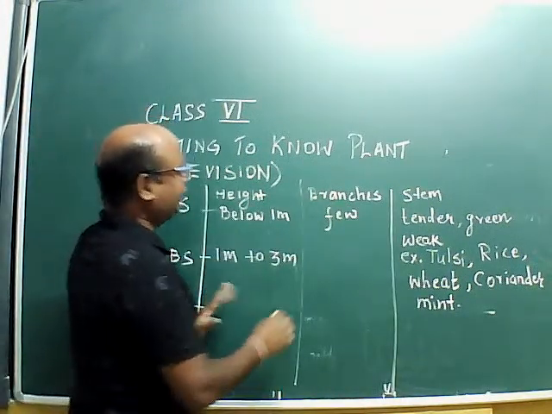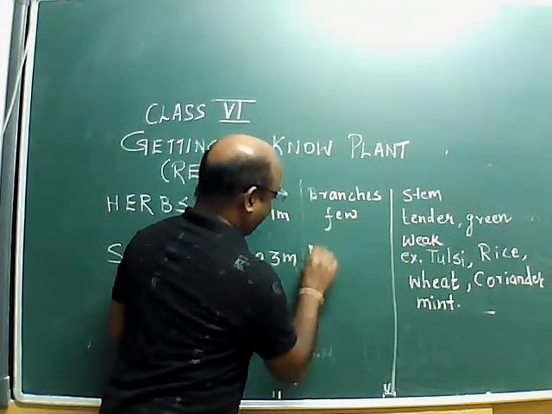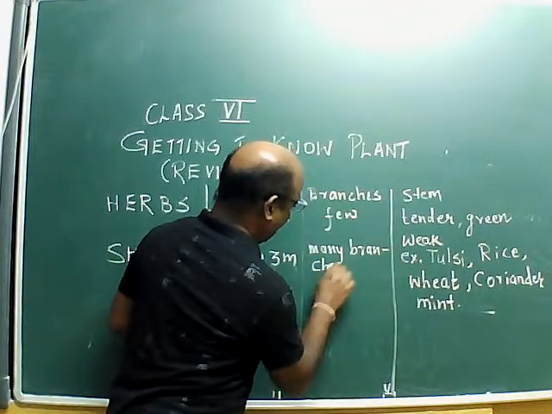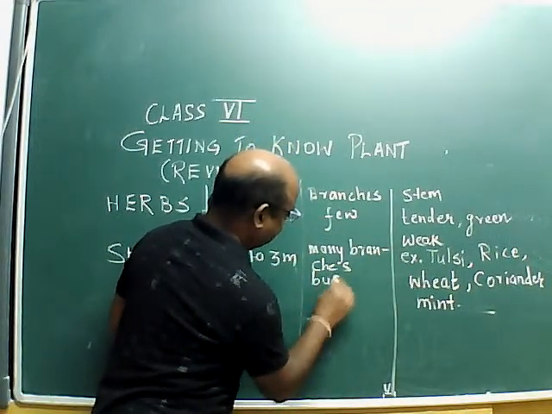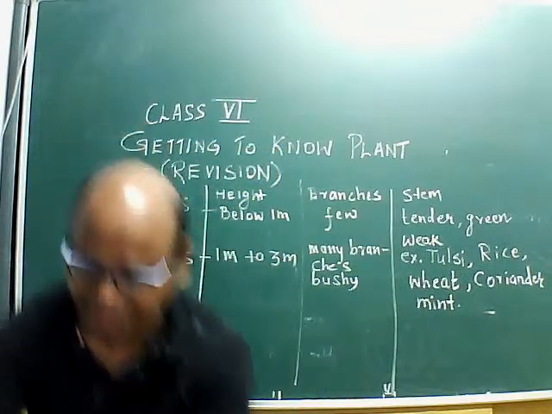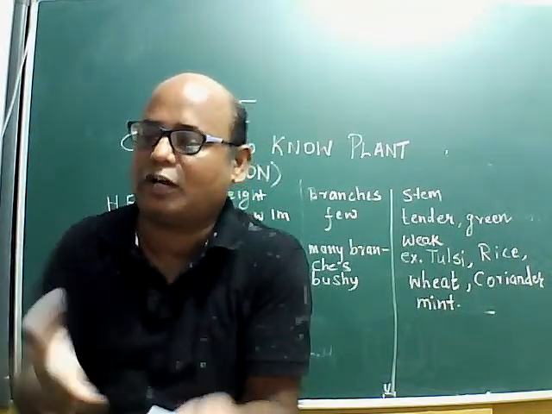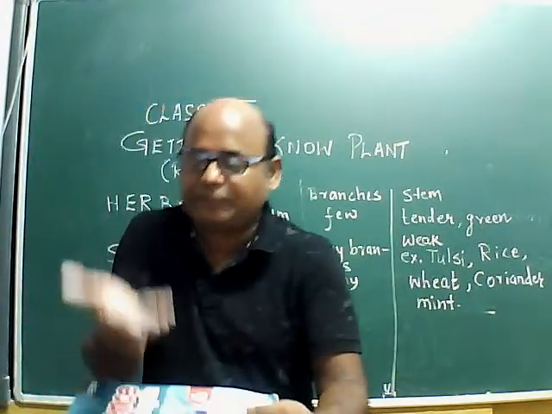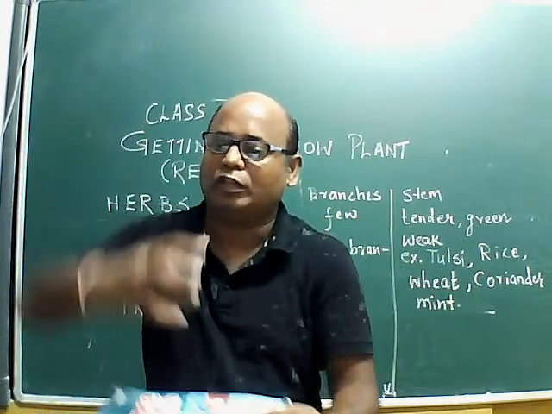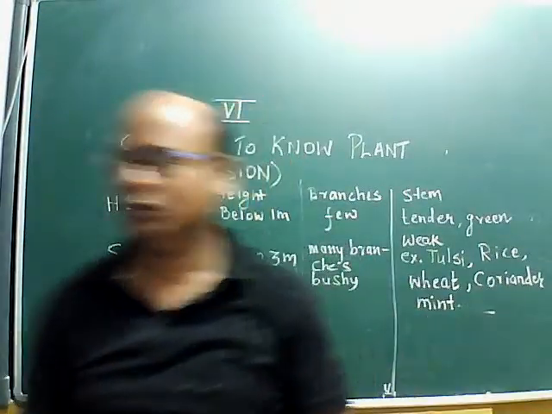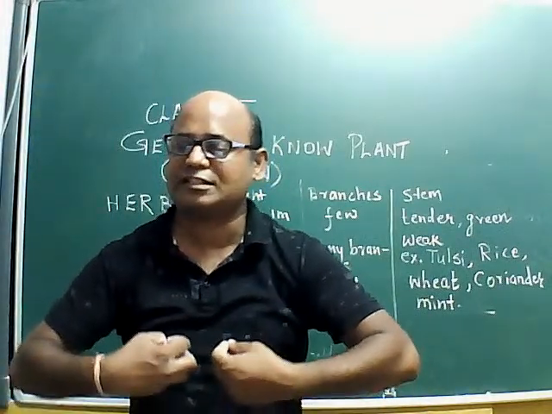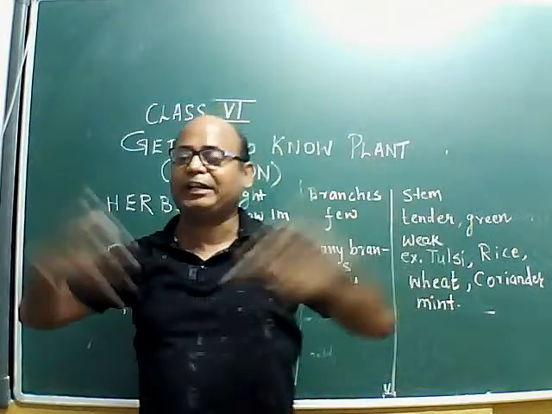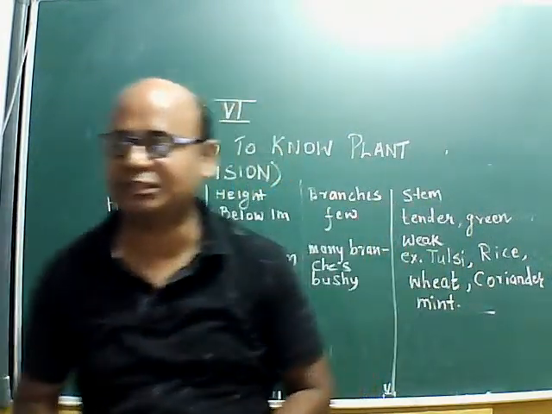Then many branches are there, and how do they appear? Bushy. For example, suppose this is the ground. The stem rises up to a few inches above the ground, and from the stem, like a guldasta, many branches spread like a bush.